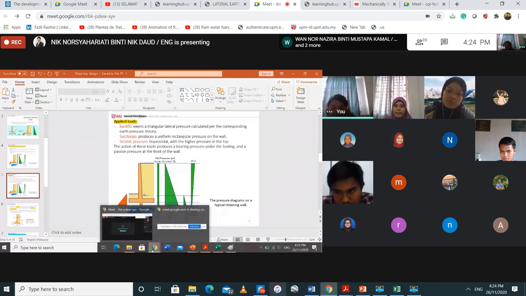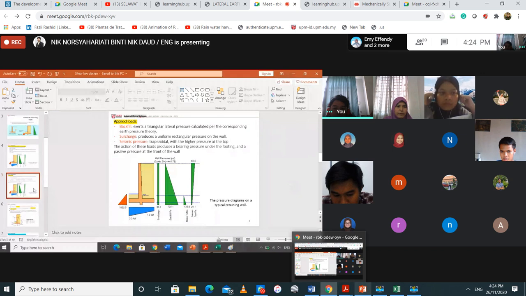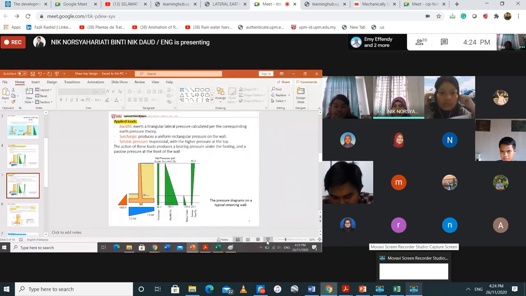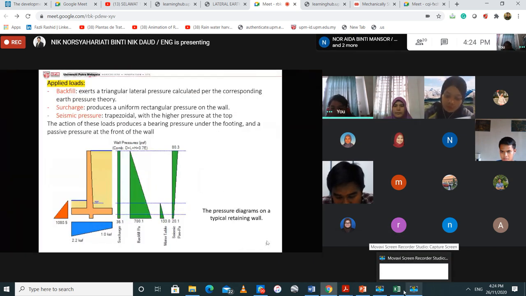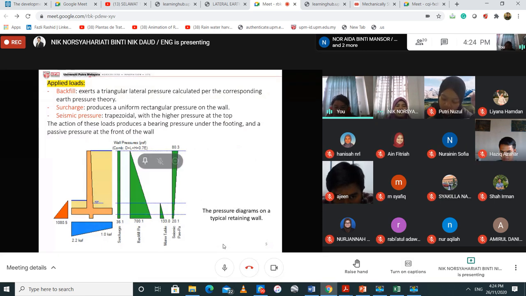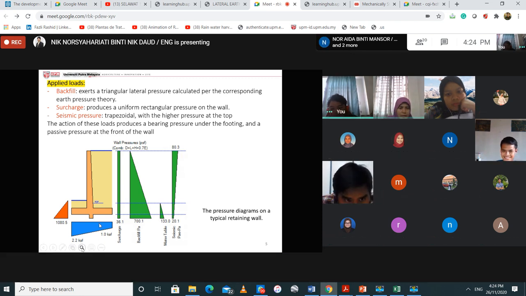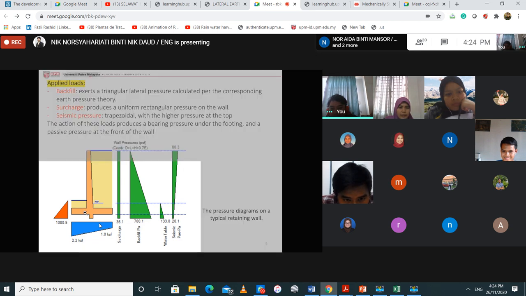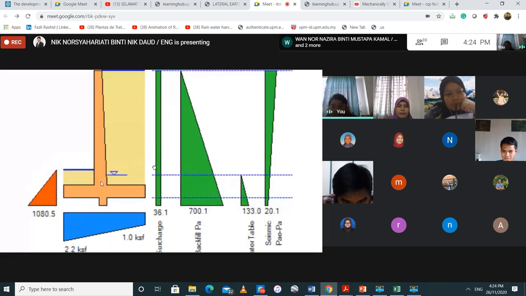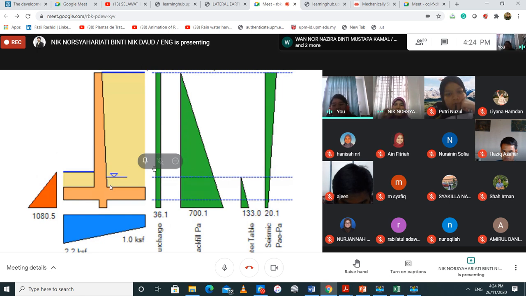Macam mana nak zoom sini? Besar sangat kan?